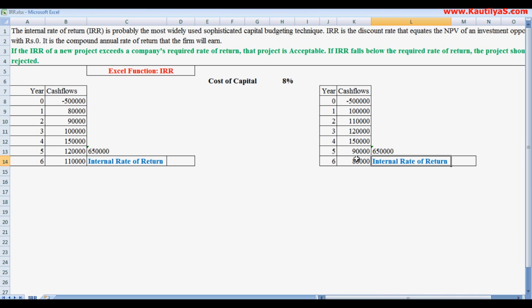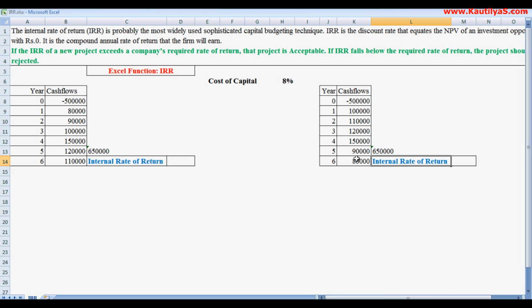While calculating NPV, we make an assumption with a discount rate, but in the case of the internal rate of return, we don't have any rate to discount the cash flows, so we have to calculate the rate. Normally we use a trial and error method, where we try to make NPV equal to 0.